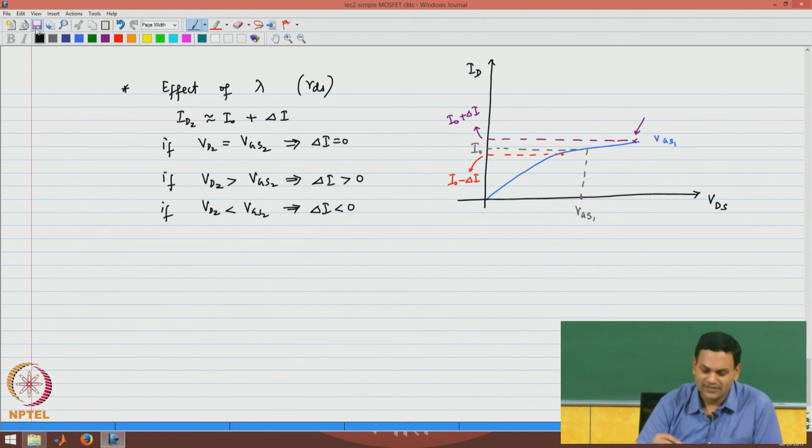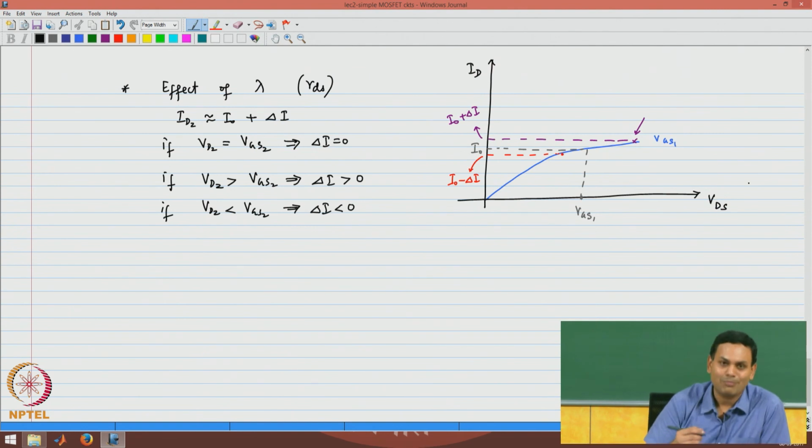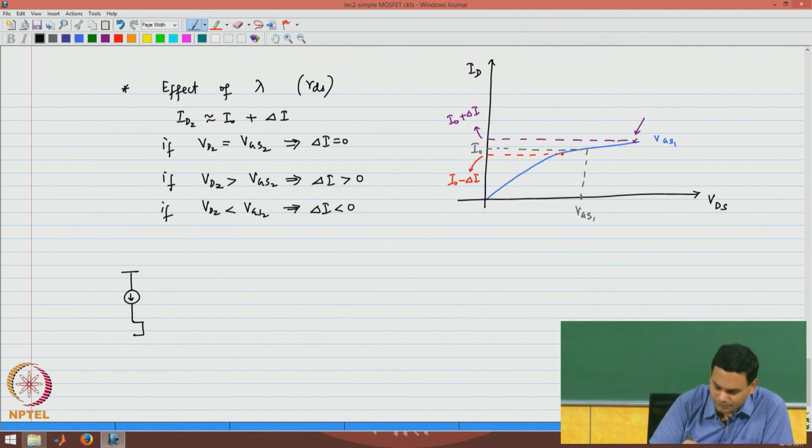Now, the nice thing about this circuit is that you can generate many copies of this current using just a single MOSFET M1.